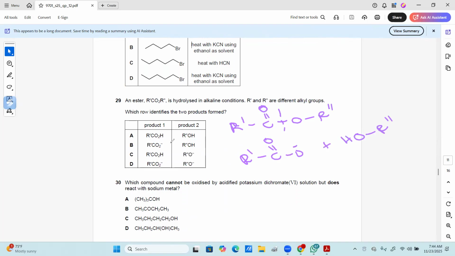So the correct one is B, because it is hydrolyzing in the alkaline medium. So in the alkaline medium, you get the salt of a carboxylic acid. If it is done in an acidic medium, you will get a carboxylic acid.